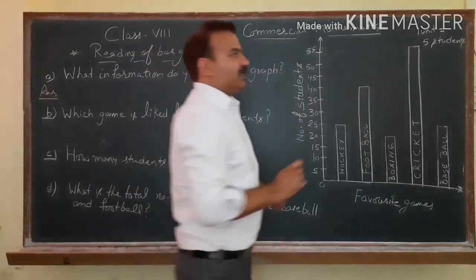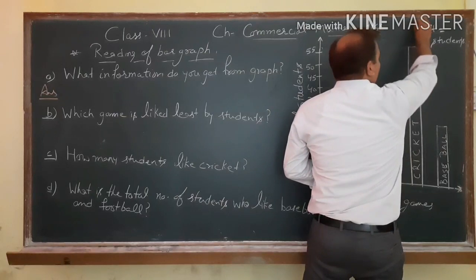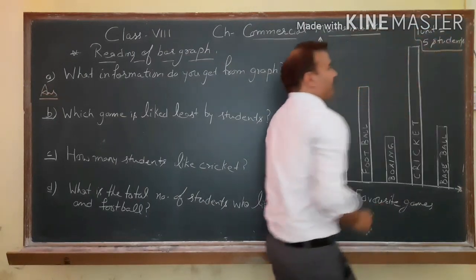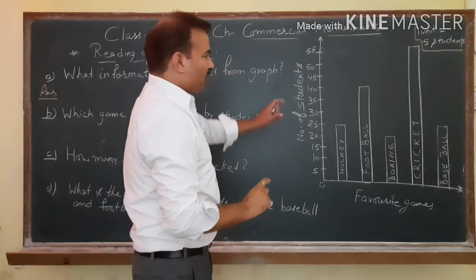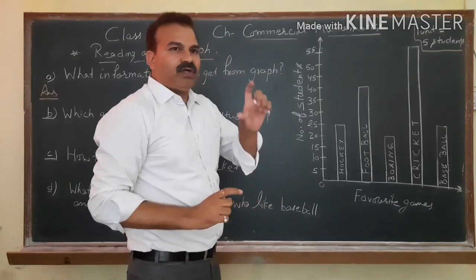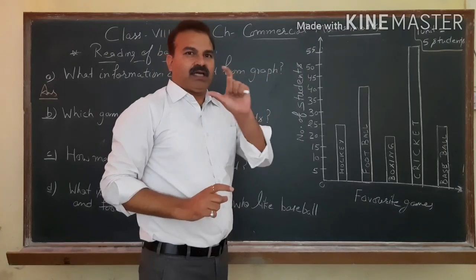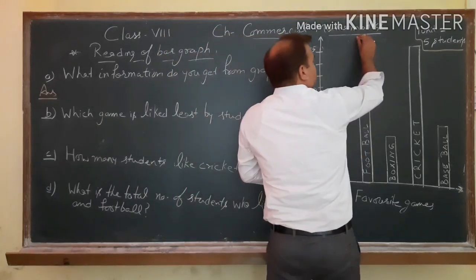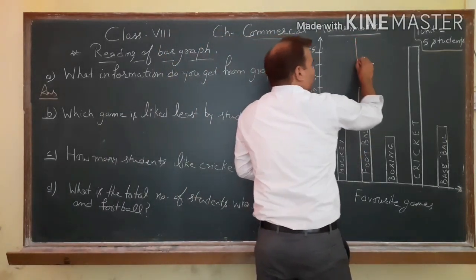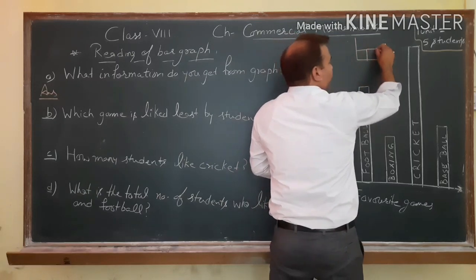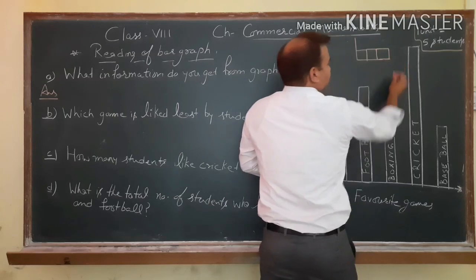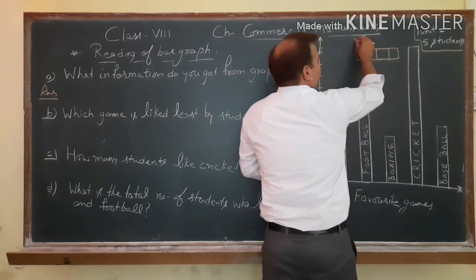One very important thing is, here it is given that 1 unit is equal to 5 students. See, 1 unit is equal to 5 students means what? When we draw the bar graph, you people must have seen the graph notebook. Suppose I draw this one complete. The graph notebook is made of boxes like this.